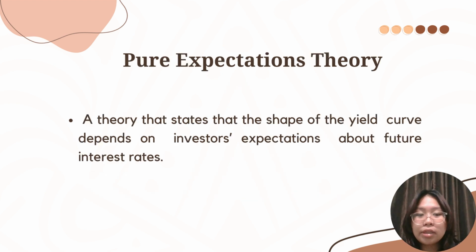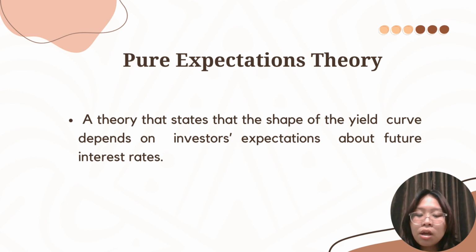So, pure expectations theory, a theory that states the shape of the yield curve depends on investors' expectations about future interest rates. Expectations theory predicts future short-term interest rates based on the current long-term interest rates.